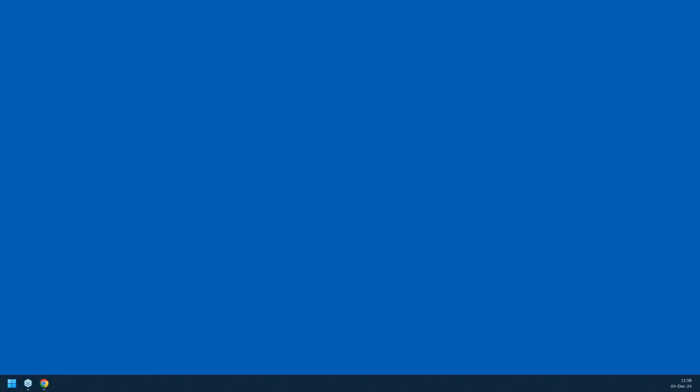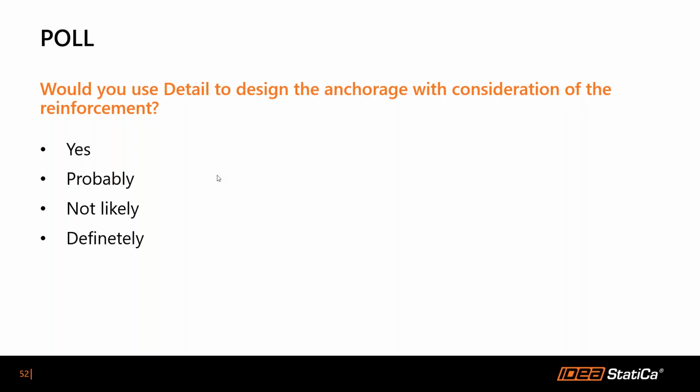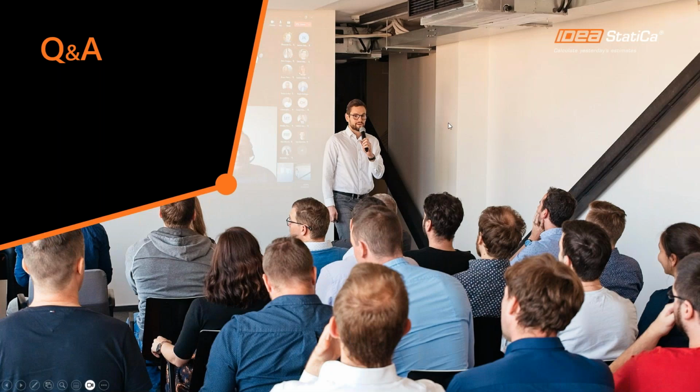I'll just jump back to the presentation, and there is the questions and answers section. So you have sent a couple of very good questions. Thank you for that, and I will try to read and answer some loud now.